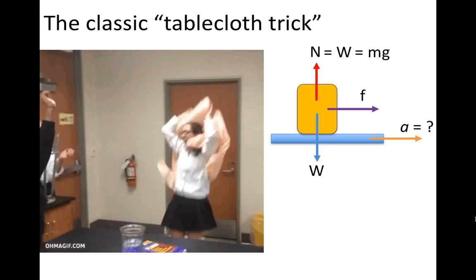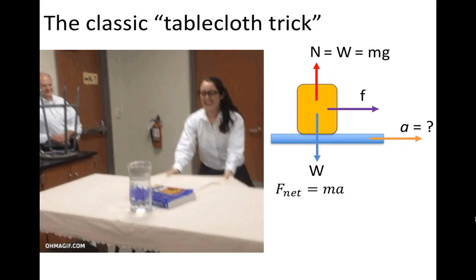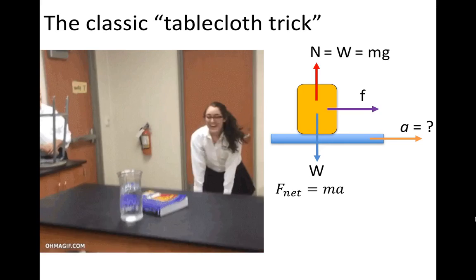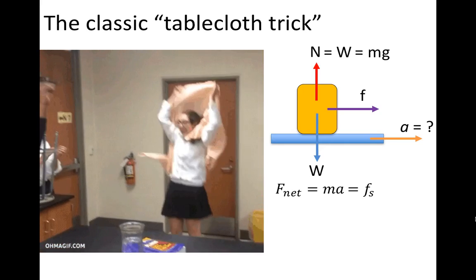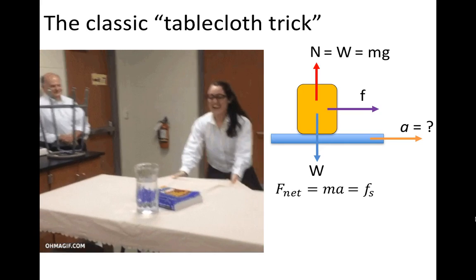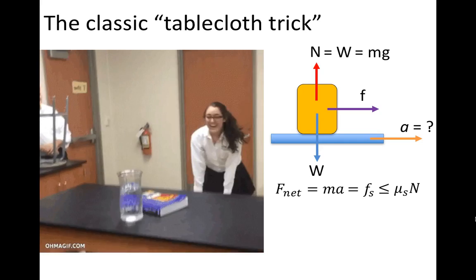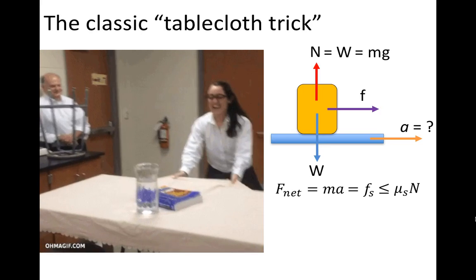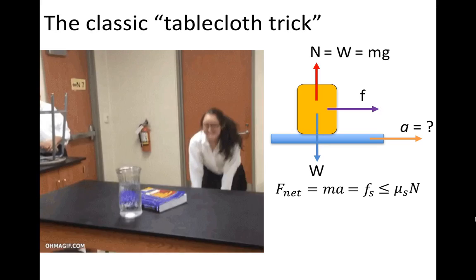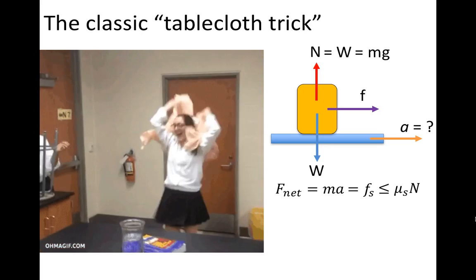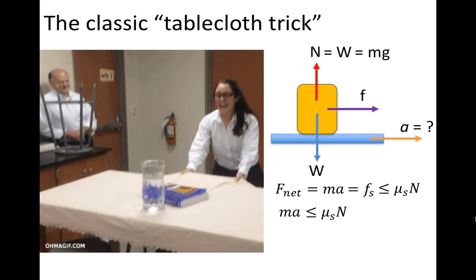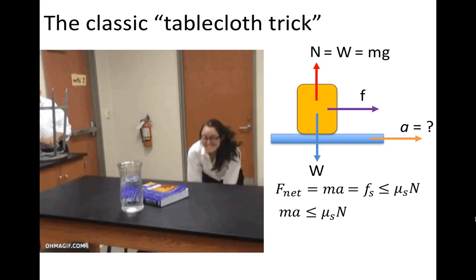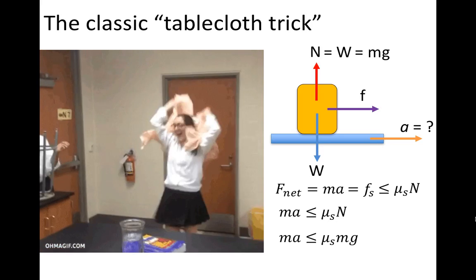That would not be a good thing. So the net force is always going to equal ma, and if this trick fails, the net force is going to be a static friction force, and this inequality will not be violated. So in order to perform the trick, she wants to violate this inequality. She wants the acceleration to be so fast that the inequality is violated.